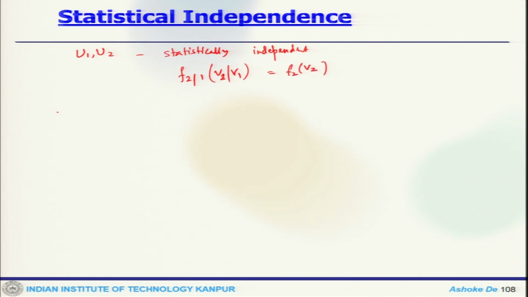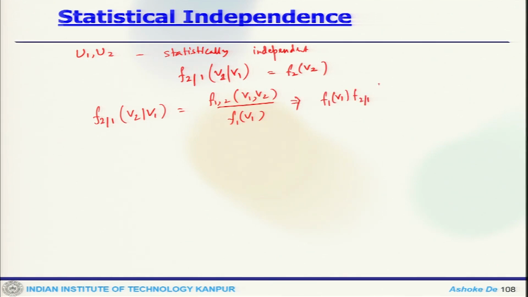Now, Bayes theorem gives us that f21(V2|V1) is f12(V1, V2) by f1(V1), which is nothing but f1(V1) f21(V2|V1) is f12(V1, V2).